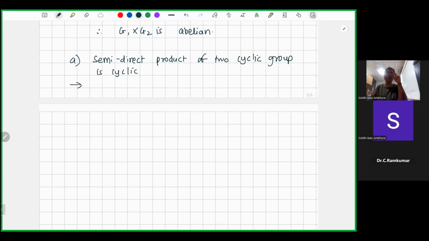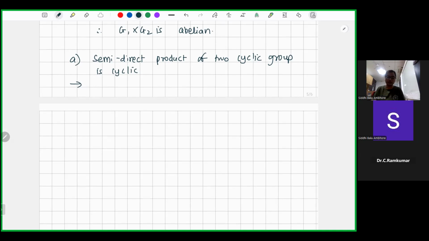In order to have that, we have to start with two cyclic groups and come up with the group which is the semi-direct product of two cyclic groups, but it is not cyclic. So let me say that this statement is false. The semi-direct product of two cyclic groups need not be cyclic. Okay, that's because we just saw that the direct product of cyclic groups was not even cyclic.